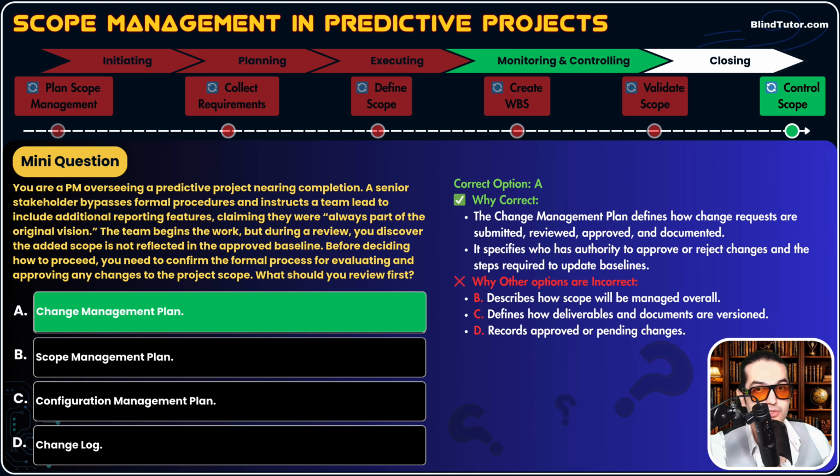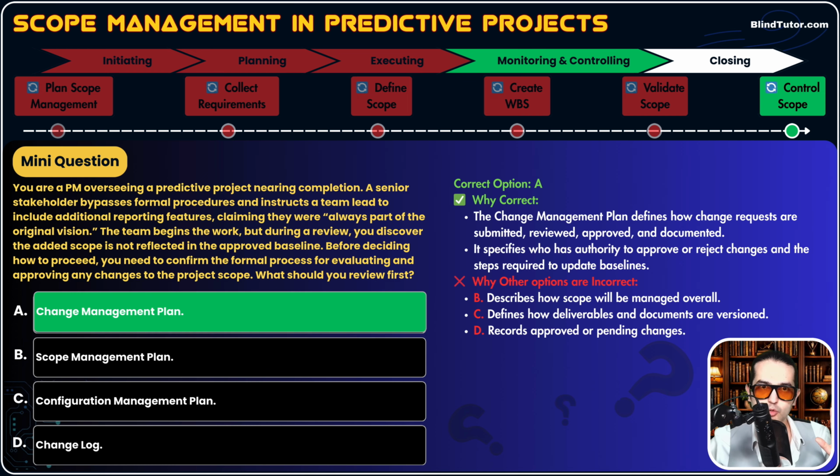Why are the other options incorrect? Let's go to option B, which was the closest option. Okay, scope management plan, a how-to guide to deal with scope. We know that, but it describes how scope will be managed, how scope will be defined, validated, how scope will be controlled. Okay, in that control part, there is a subsection on how to deal with scope changes.